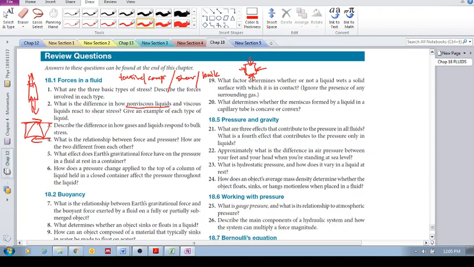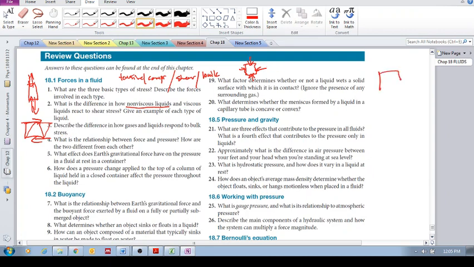Okay, examples of these are water, gasoline, ethanol, mercury. And viscous liquids can sustain shear stress, and examples are jelly, tar, molasses, and honey. These are some examples.